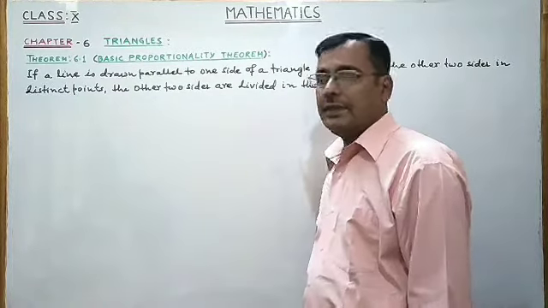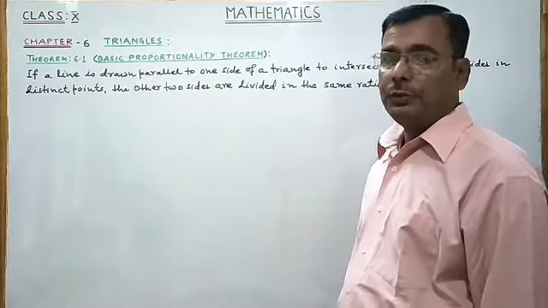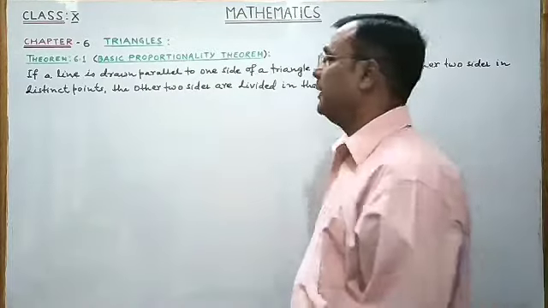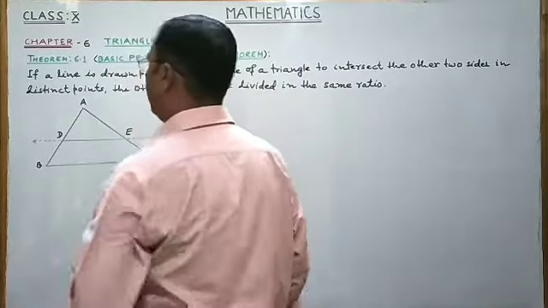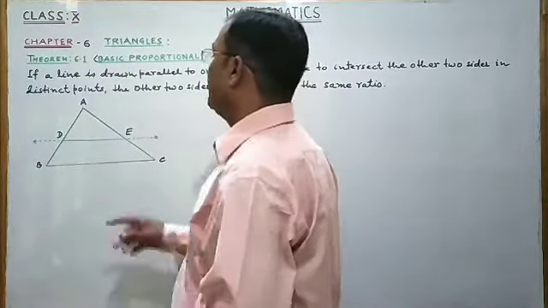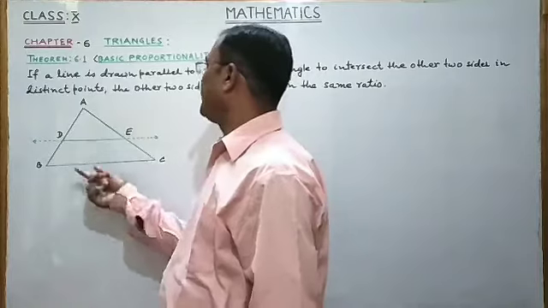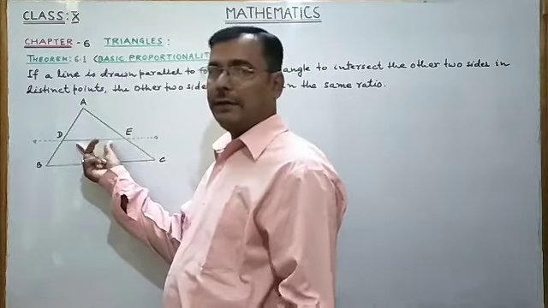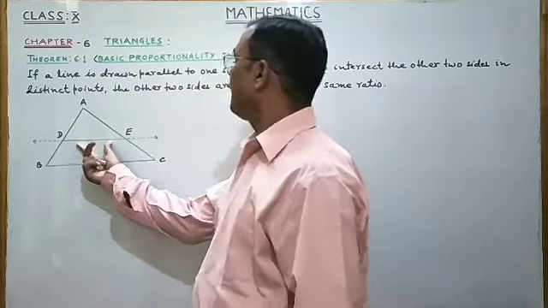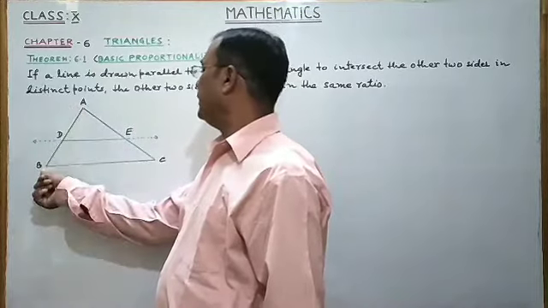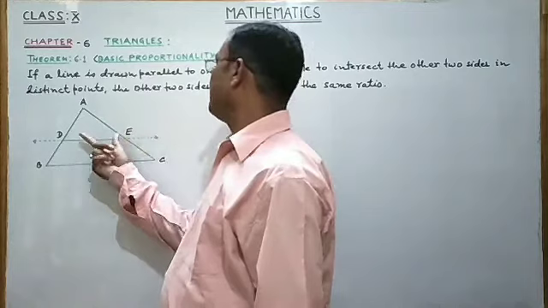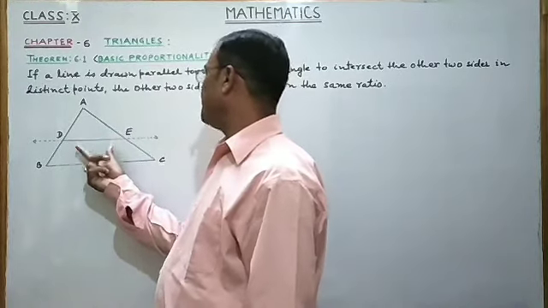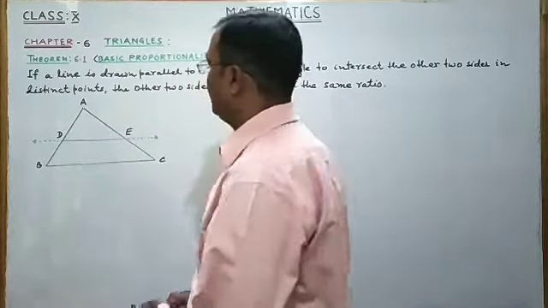We shall prove this theorem, and to prove this theorem, let's draw the figure first. In this figure, ABC is the triangle and DE is the line intersecting AB at D, AC at E, and this line DE is parallel to BC.